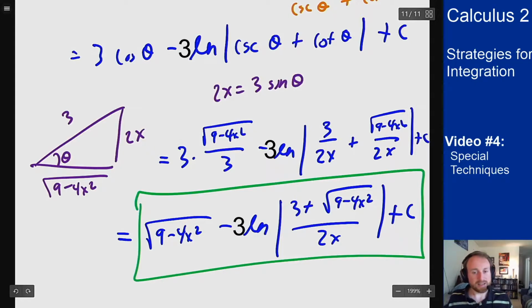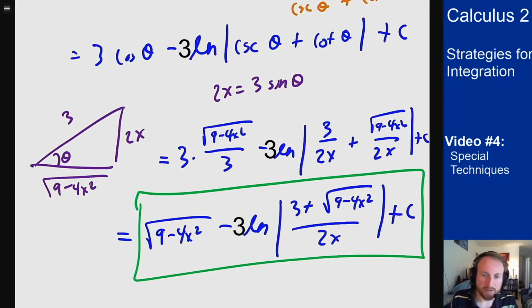So now you can see how these techniques get combined, right? Trig substitution gives us the way to start the problem, but then we might need trig integrals or integration by parts to solve it out from there, or even a different substitution. All these methods can work together, and they have their own place in how you solve these problems. So it's important to have a good grasp of all these methods, so when you see an integral, you know, here's how I'm supposed to start this problem, and then you can do the first couple steps and see what it gives you.